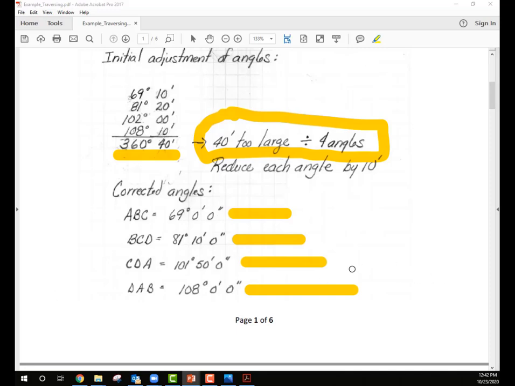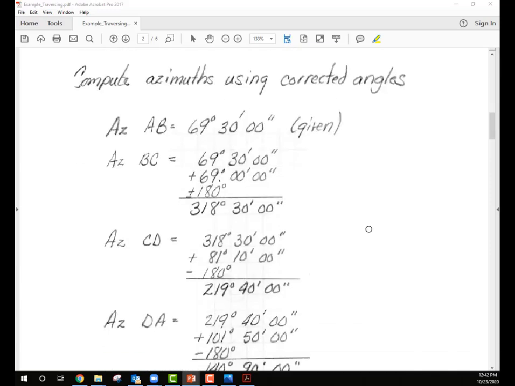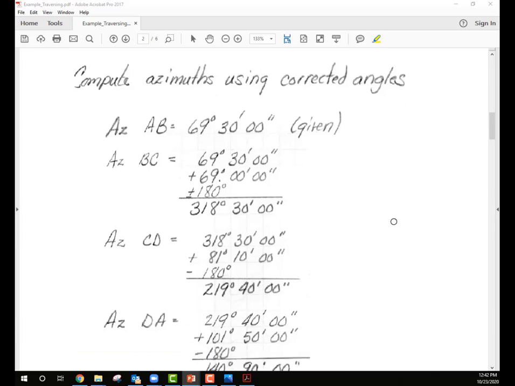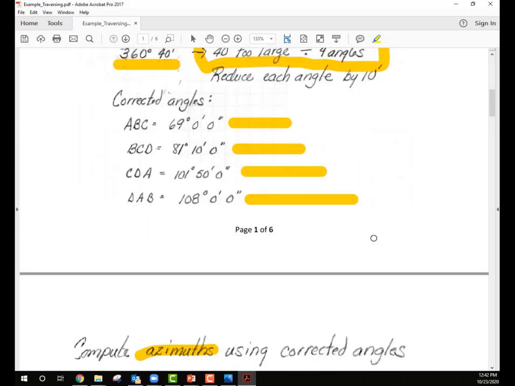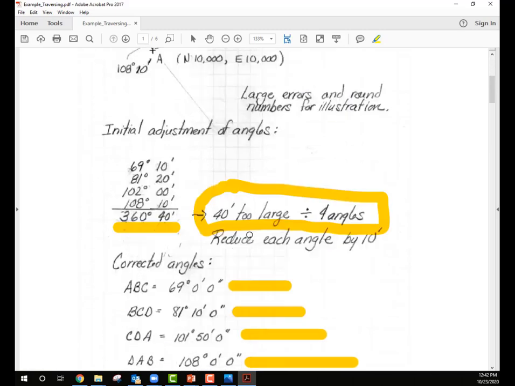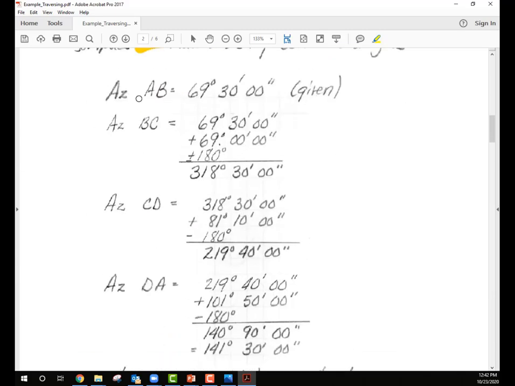From there we go to essentially compute the azimuths of each of the courses, right? It could be the bearing or the azimuth. Both of those are saying it's the angle of that line. So in this case, the line from point A to B has an azimuth that can be calculated, right?